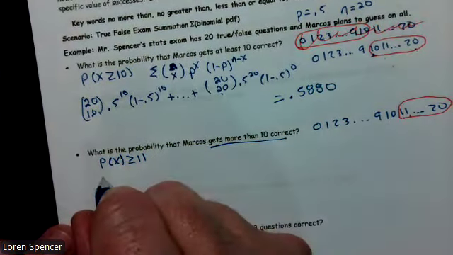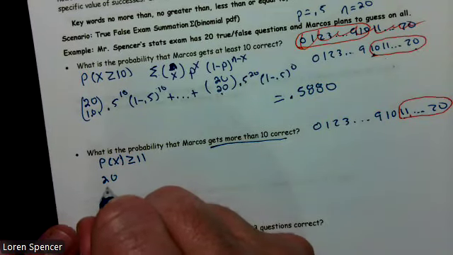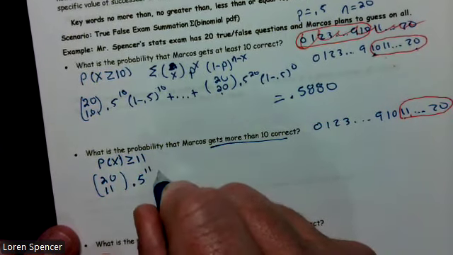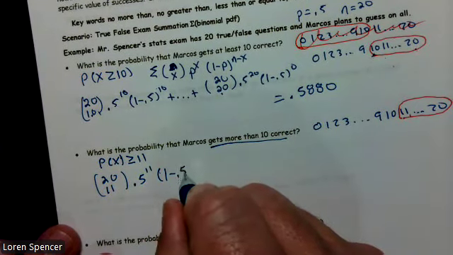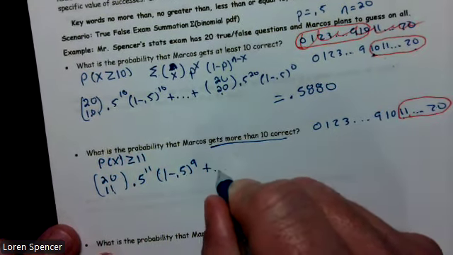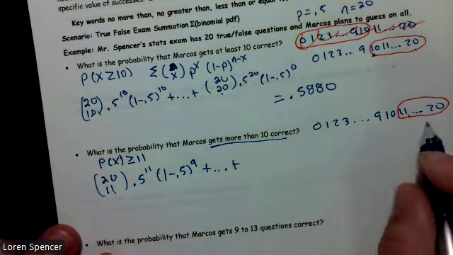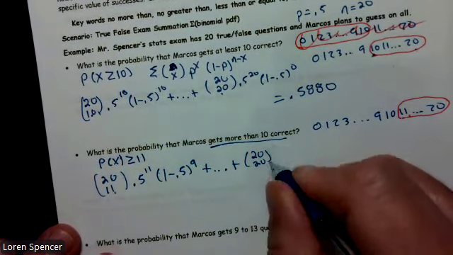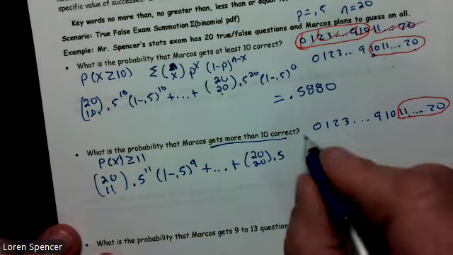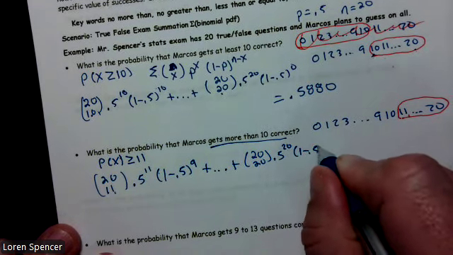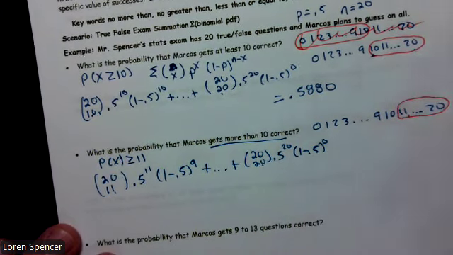So this is going to be lowest value, 20 choose 11, 0.5 to the 11th power, 1 minus 0.5, 20 minus 11 is 9, plus... 20 choose 20, 0.5 to the 20th power, 1 minus 0.5, and 20 minus 20 is 0.